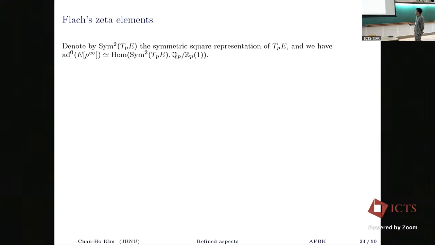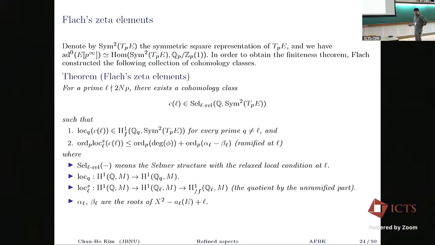So let's recall some notation. Sym2 T_pE is the symmetric square representation of the Tate module of E. There is a duality: taking the Kummer dual of the symmetric compact one and taking a Tate twist, we get the adjoint representation, the discrete one. What Flach constructed is that for all but finitely many primes l, he constructed the so-called c_l, which is ramified at l, in the symmetric square Selmer group, a compact Selmer group.